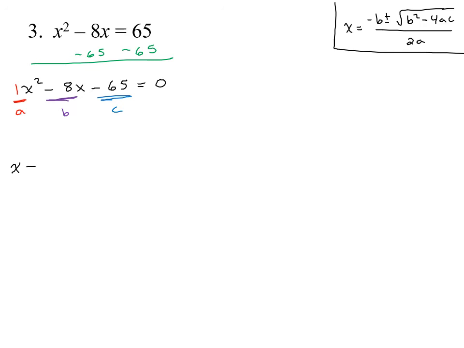So I will say that x equals opposite of b being the negative 8, then plus or minus the square root of b squared, so I'll get a negative 8 squared, minus 4 times a, which is just a 1, times c, which was negative 65. That's actually kind of a big number.